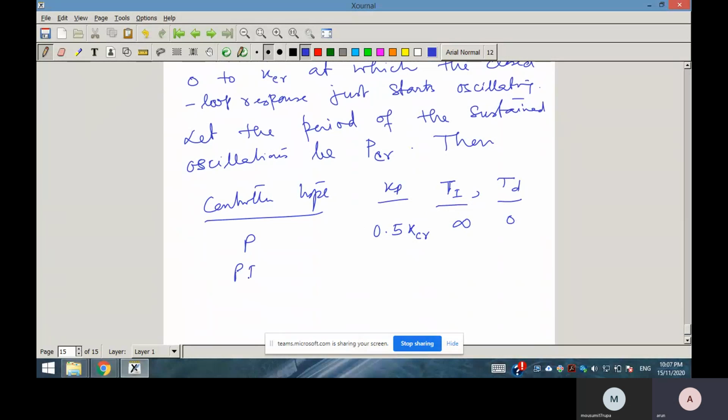If you want to use a PI controller, then Kp is 0.45 into KCR, Ti is PCR by 1.2, and Td is 0. If you are using PID, then Kp is 0.6 into KCR, Ti is 0.5 into PCR, and Td is 0.125 into PCR.